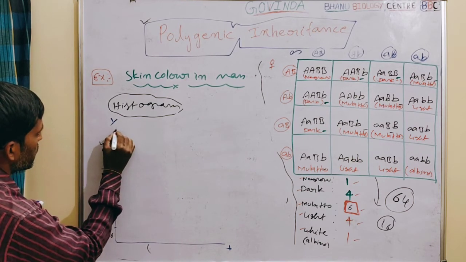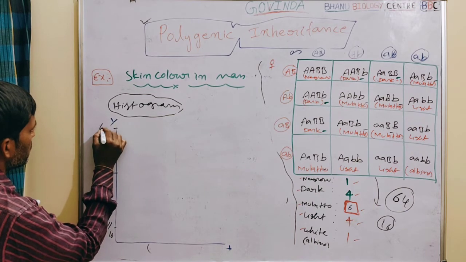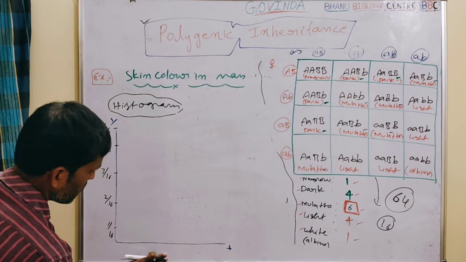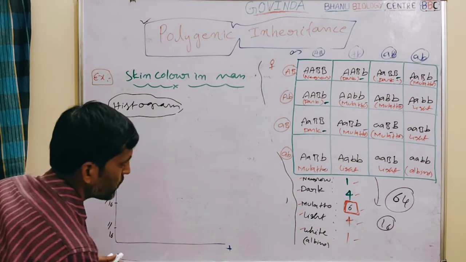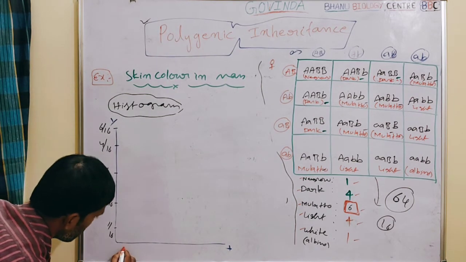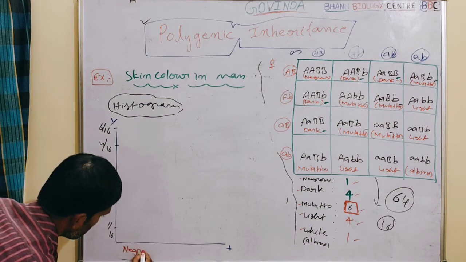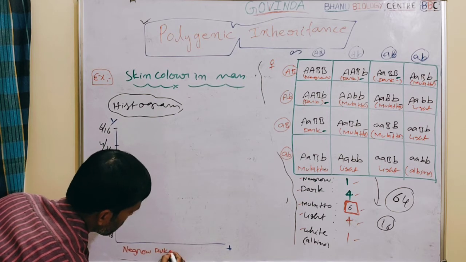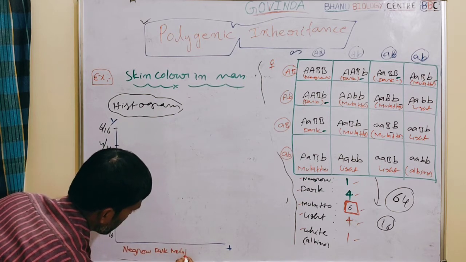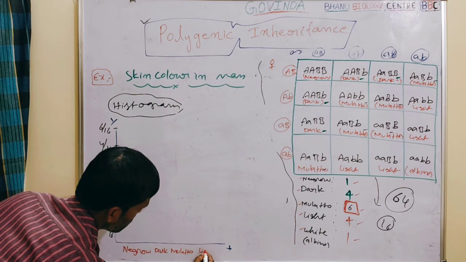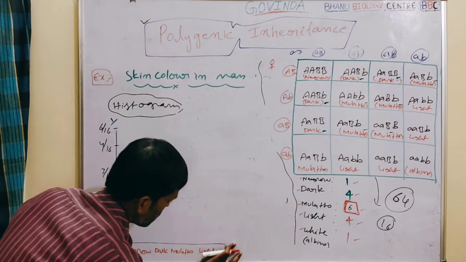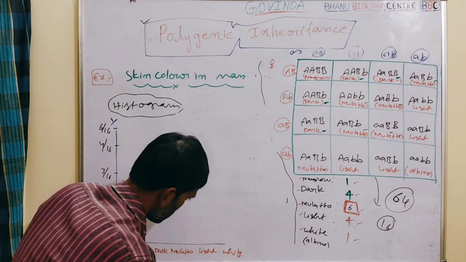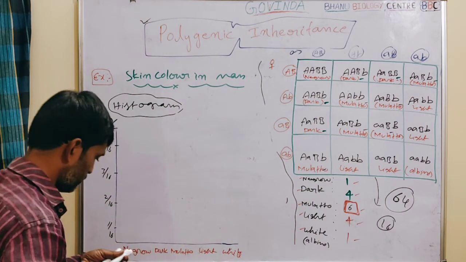Up to the highest, I directly take 6 by 16. First write negro, then write dark, then write mulatto, then write light, then write white. So these are the colors obtained in the F2 generation.